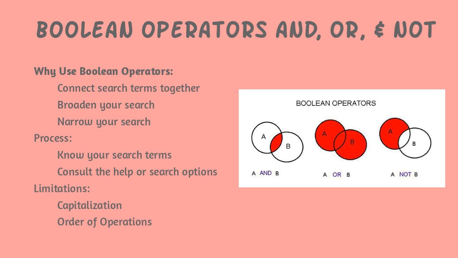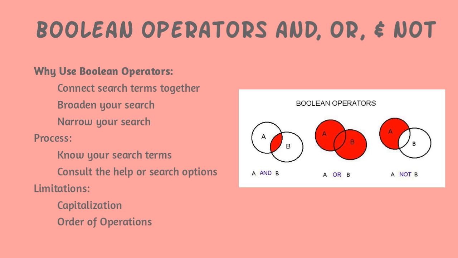Using parentheses can help you guide your search and ensures that the Boolean operators are used in the order you choose, rather than defaulting to the database's predetermined order. Since most databases read and before or, it is essential to place or statements within parentheses to avoid any kind of ambiguity. Information within a set of parentheses will be read first.